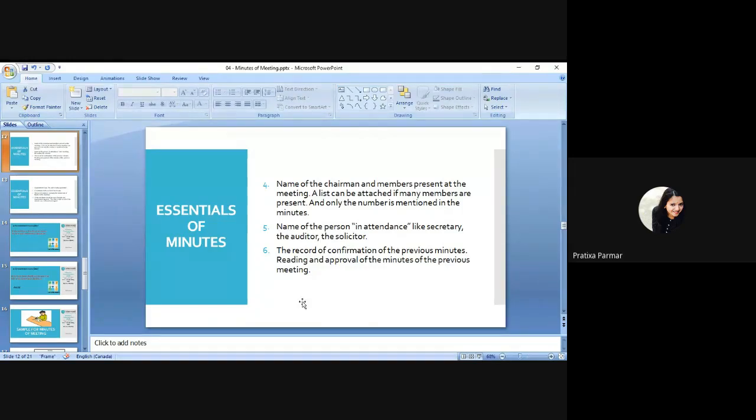The record of confirmation of the previous meeting, reading and approval of the minutes of the previous meeting. If you are having a series meeting, in that case only you're supposed to do that, and you're supposed to maintain that record also. Now these are some of the very important features of the minutes of the meeting.